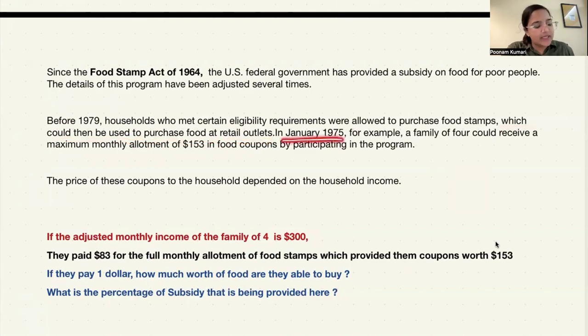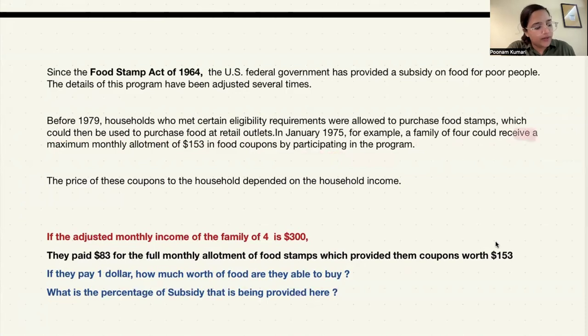In January 1975, so they are telling you the details about the program. A family of 4 could receive a maximum monthly allotment of $153 in food coupons, food stamps, by participating in this particular program. ठीक है?